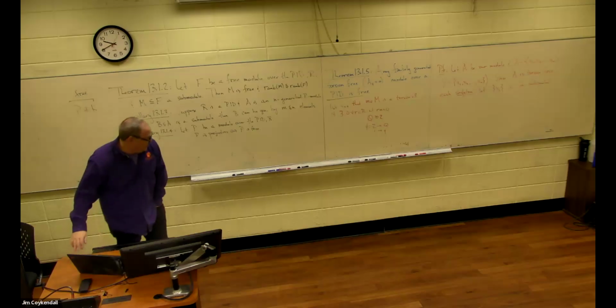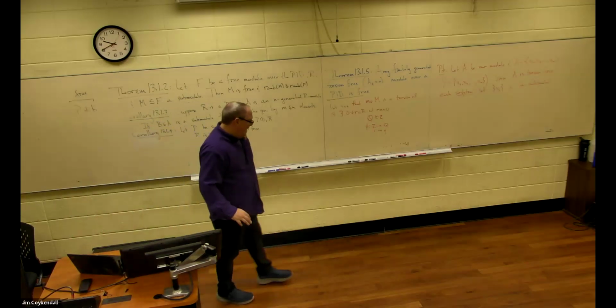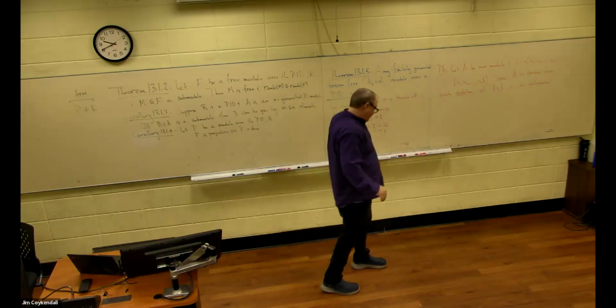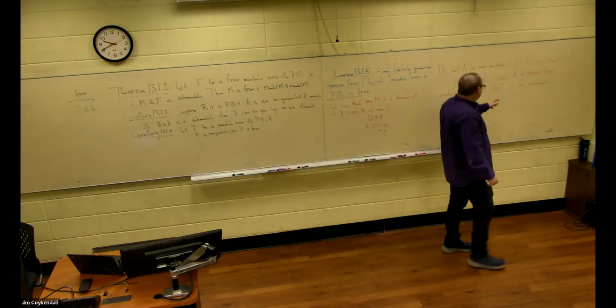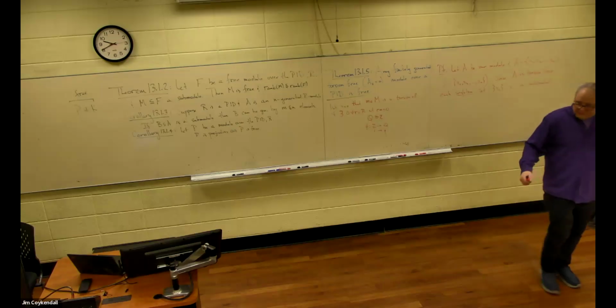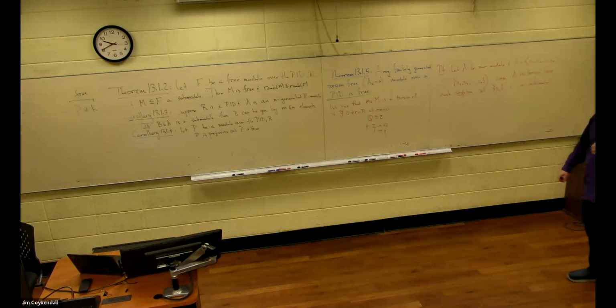As a singleton set, each one of these is linearly independent, right? Because if r xi is 0, that means r has to be 0 because it's torsion free.